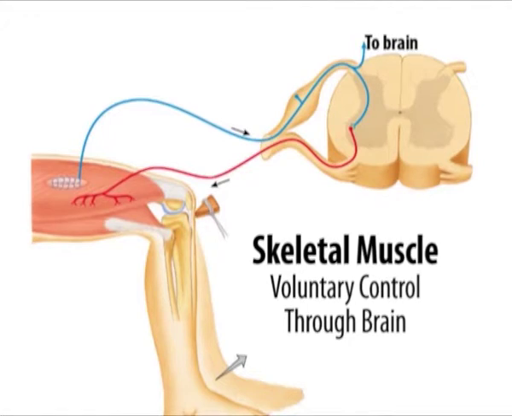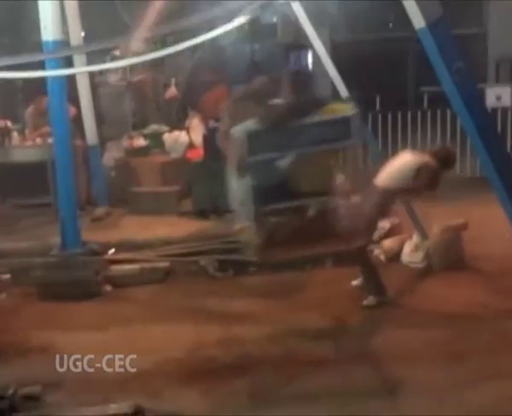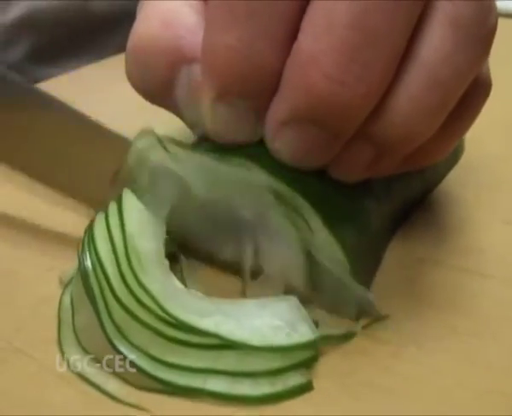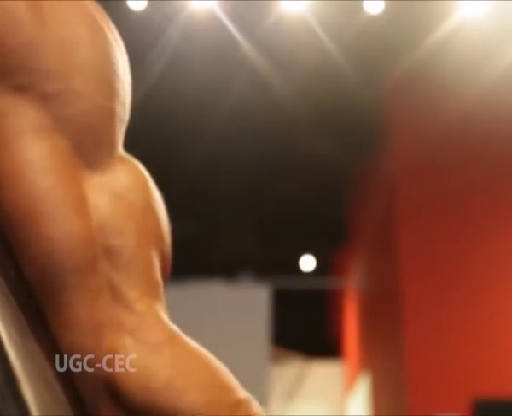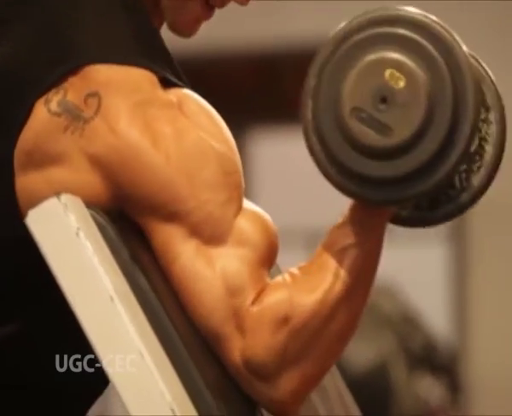Skeletal muscles are also called voluntary muscles because we can control them directly. This is through the nerve impulses from our brain reaching the muscles. These contractions can produce powerful and fast movements or small precise actions. Skeletal muscles can also return to their original shape after stretching or contracting.